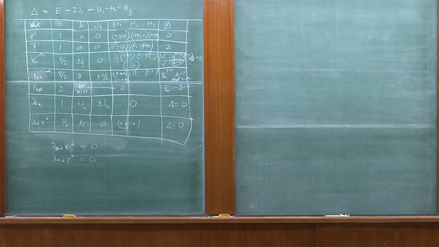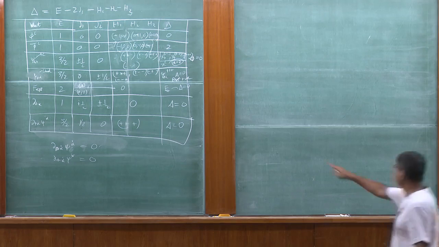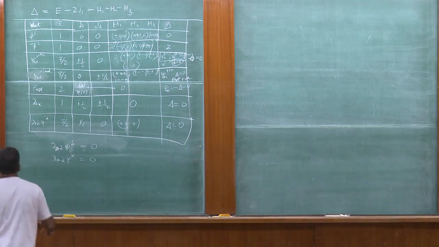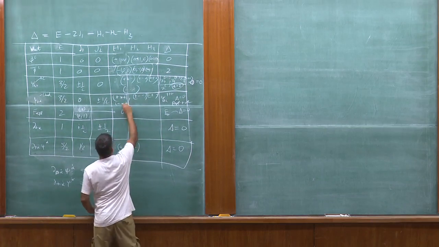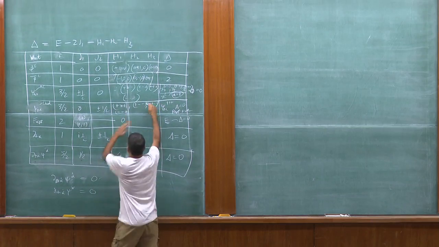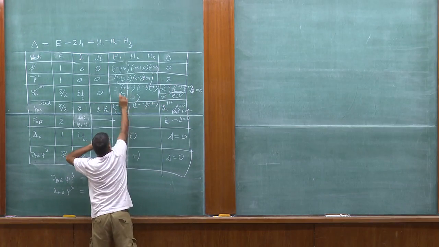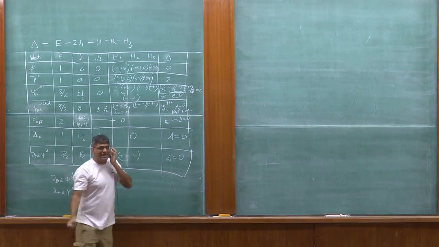Any questions about this before we continue? Because we acted on the guy which was plus plus plus. These three were not supersymmetric. This guy was supersymmetric. Supersymmetric means delta equals 0.